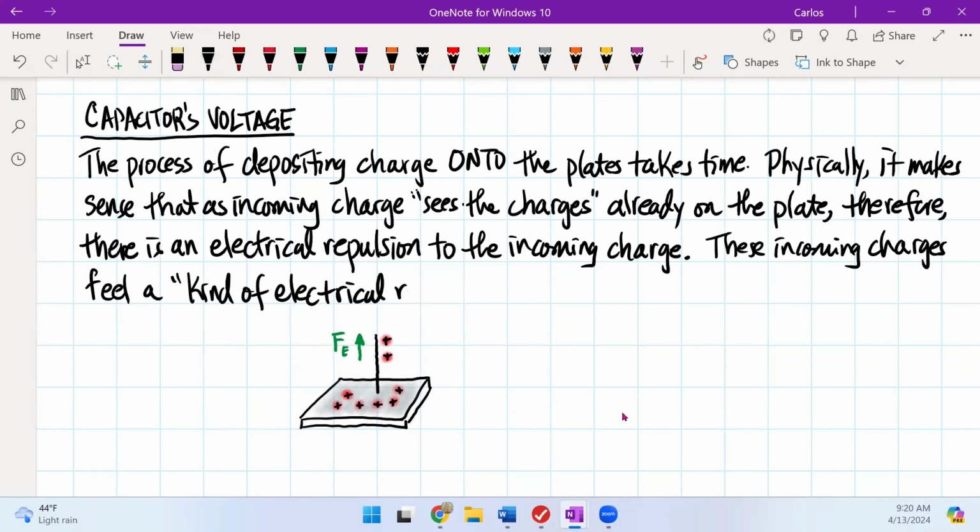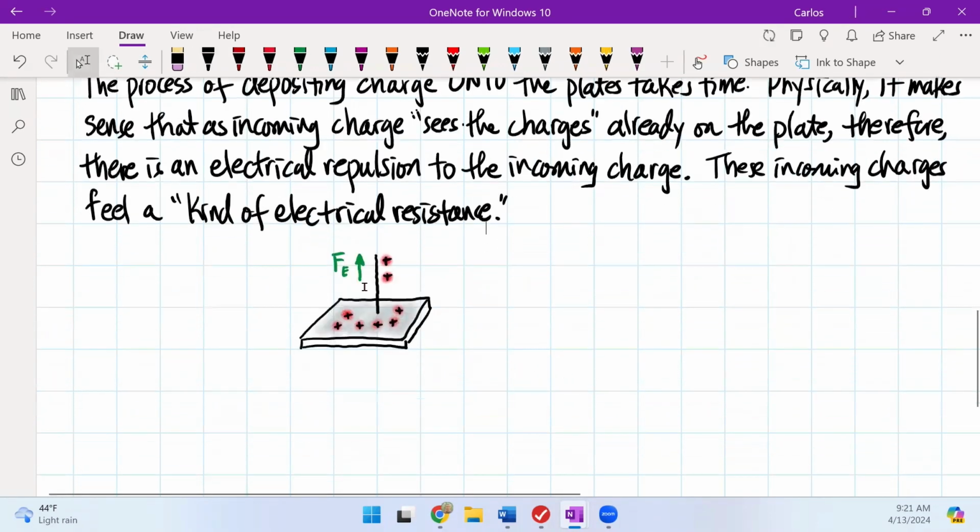Or not repulsion, but electrical resistance. Now, of course, this isn't resistance, but picture-wise, this is what you should be thinking in your mind here.